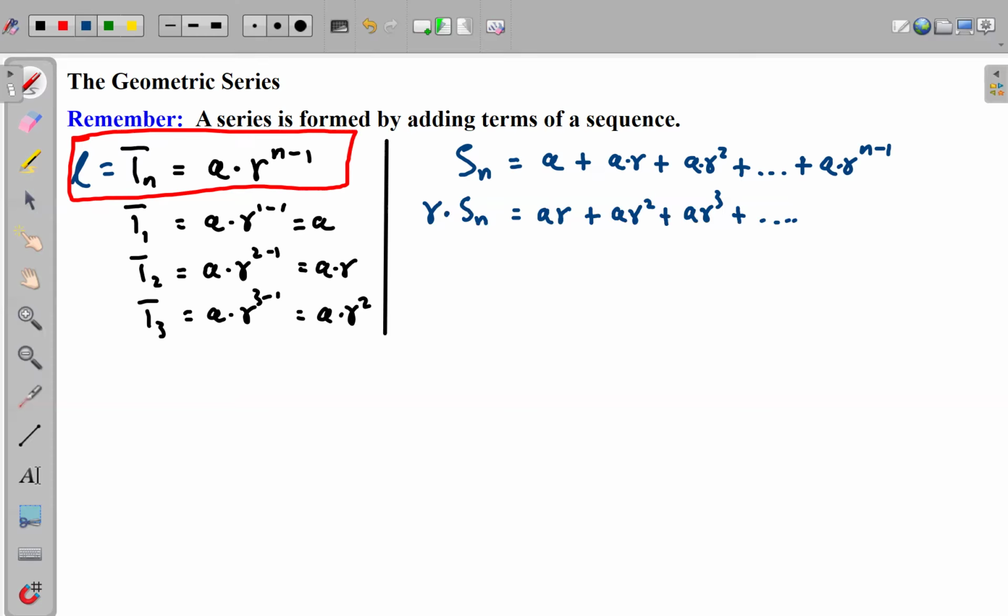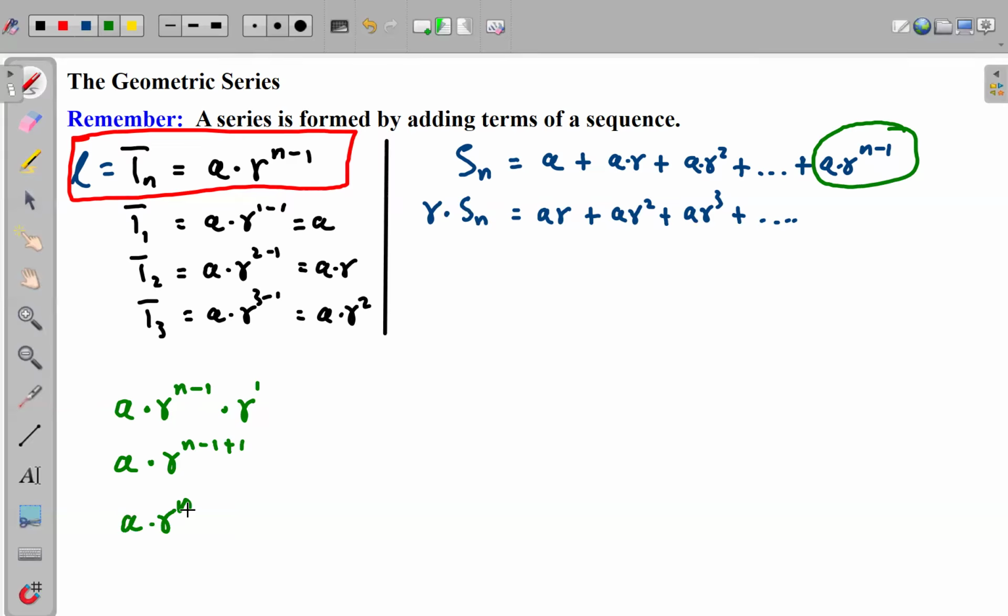Now, I want you to think of what happens when I multiply this last term by R. I hope you'll agree with me that when I multiply that last term by R, maybe I should do it here. When I multiply A times R to the n minus 1 by an R, law number 1 of exponents says, when bases are the same, you add the exponents. So I will have minus 1 plus 1 there in the exponent. So I'm left with what?